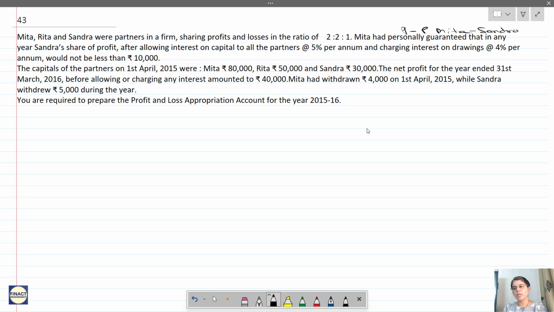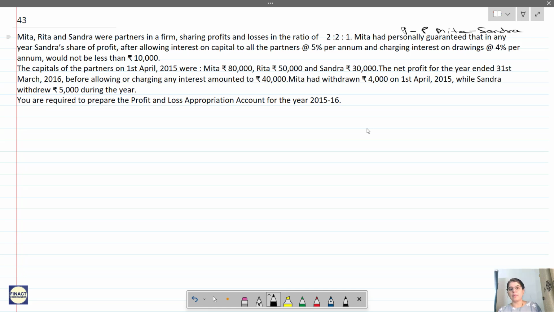So what did she guarantee? That once you get the profit, you allow interest on capital at 5% per annum, charge interest on drawing at 4%, and after that whatever profit you calculate, Sandra's profit would not be less than 10,000. The capitals of the partners on 1st April 2015 were Meeta 80,000, Rita 50,000, Sandra 30,000. These are the capital balances.